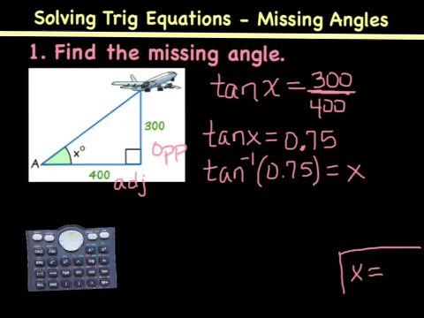So once I put that to my calculator, I got that x equals 36.9 degrees. I rounded to the nearest tenth. It was 36.8698976, whatever, it kept going. Anyways, I'm going to round to the nearest tenth and get my answer.